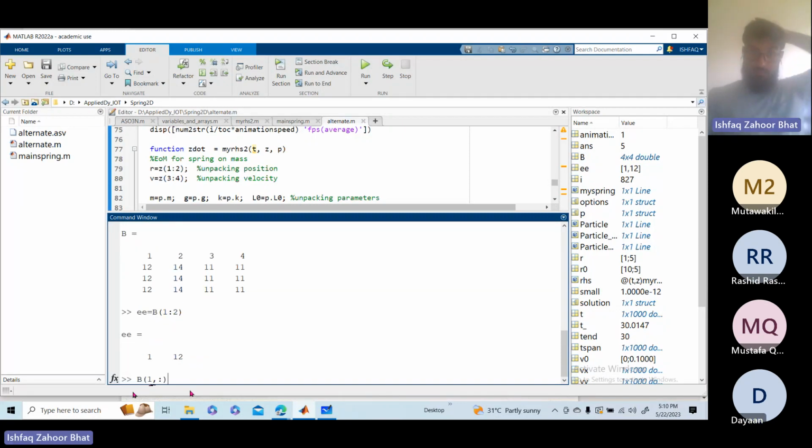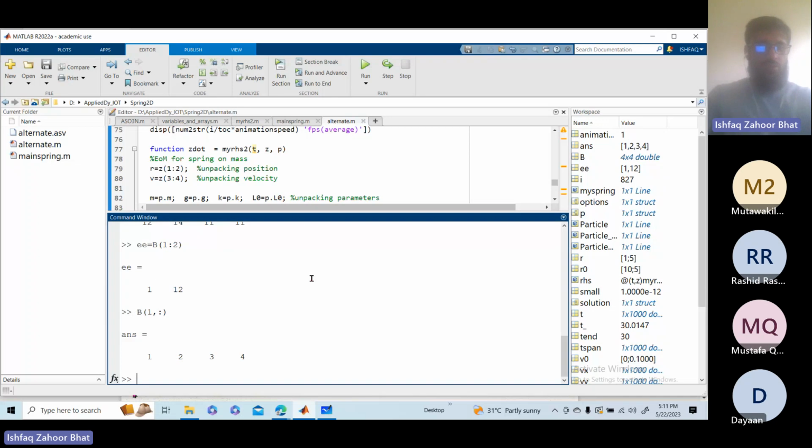I think the first row. 1, 2, 3, 4. It will return me the first row. So let us see.